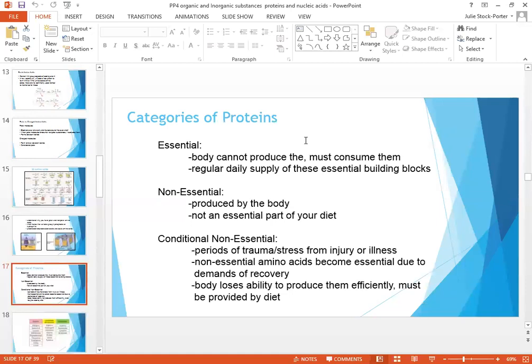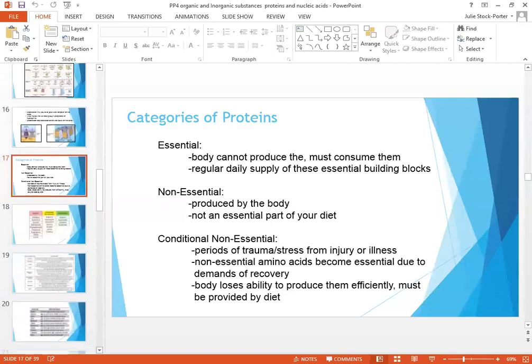Conditional non-essential: if you get sick, or if you have some kind of stress or an injury or illness, these non-essential amino acids become essential, because maybe we can't produce them, and so now we have to start eating them because our body's not working properly.